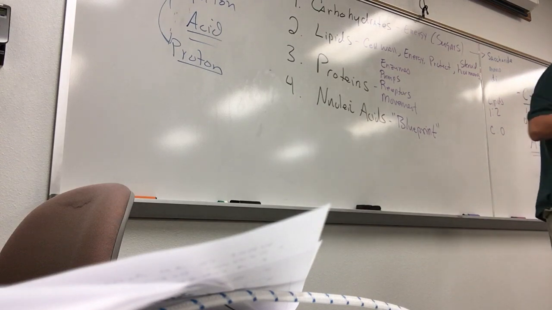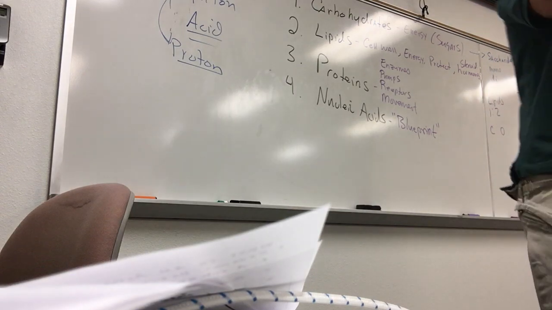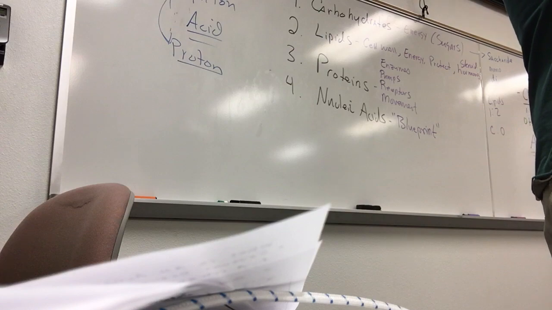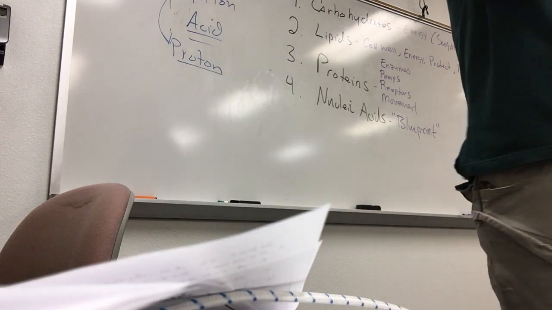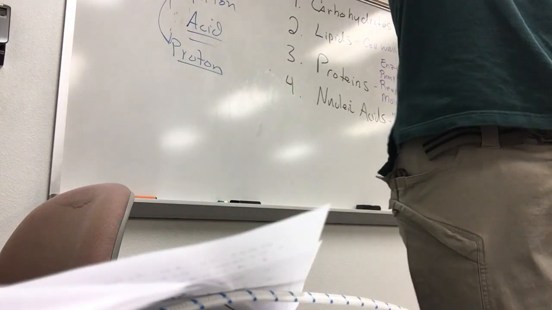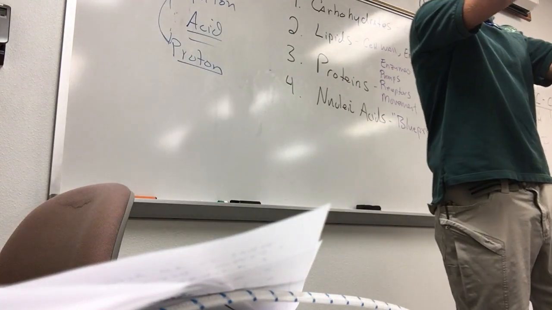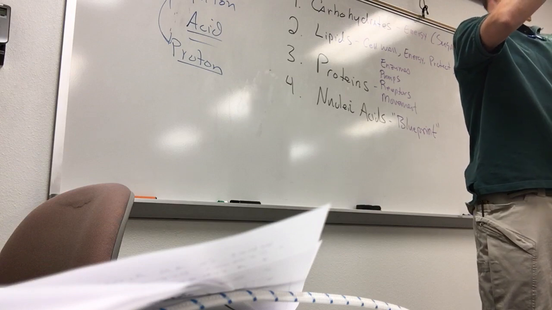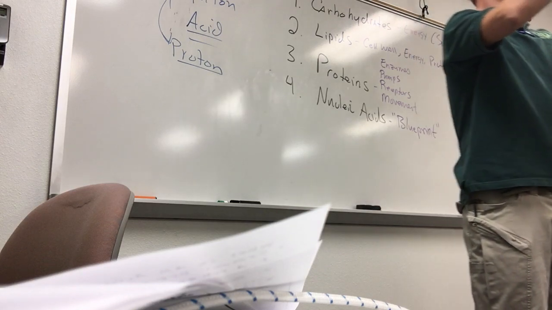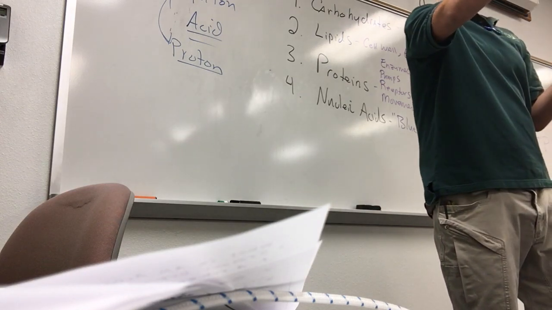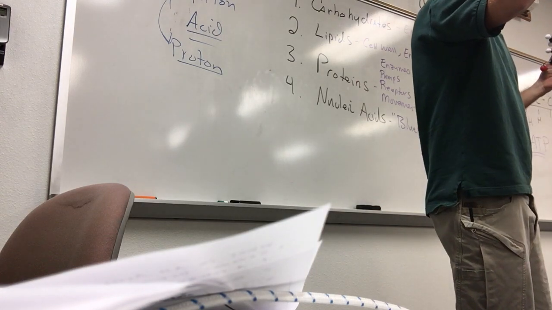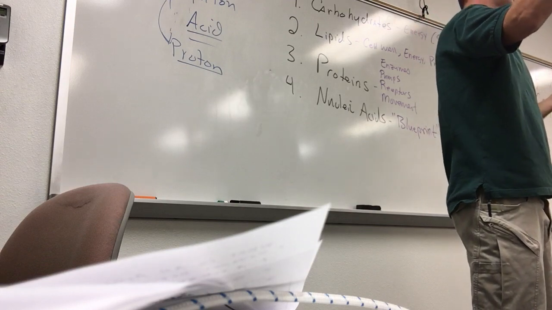Does that make sense? Now, if I replace one of these hydrogens with a double bond, so I have a carbon double bond like this, do you guys see where I have that double bonded carbon there? I replaced a hydrogen with another bond. This is saturated, so this would be an unsaturated fat.